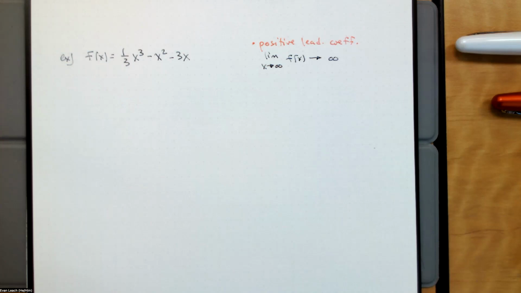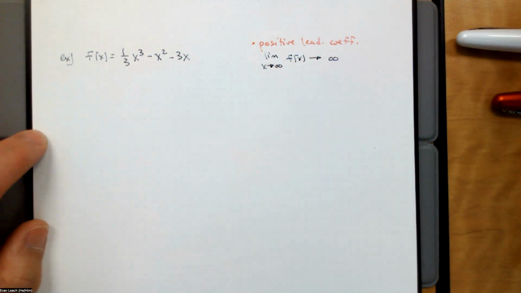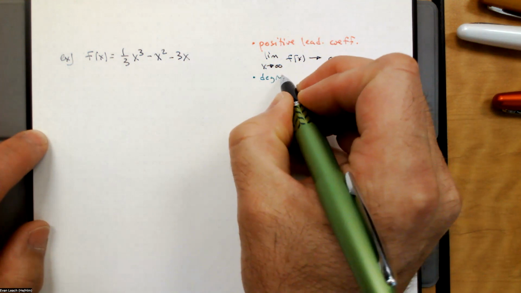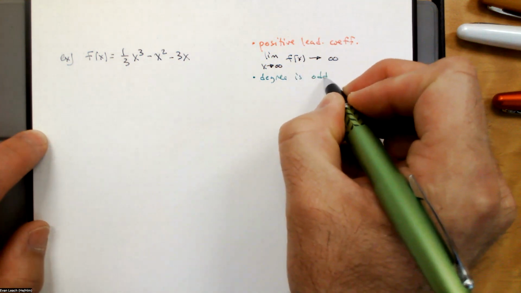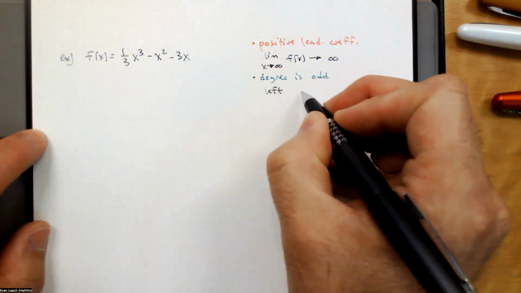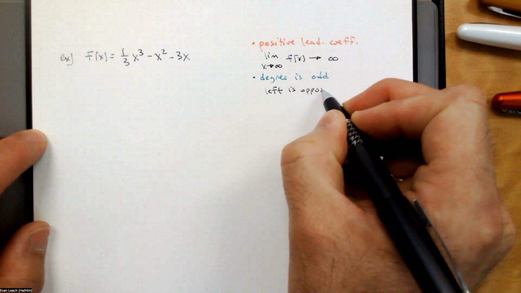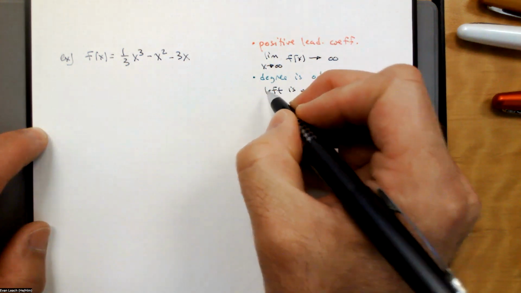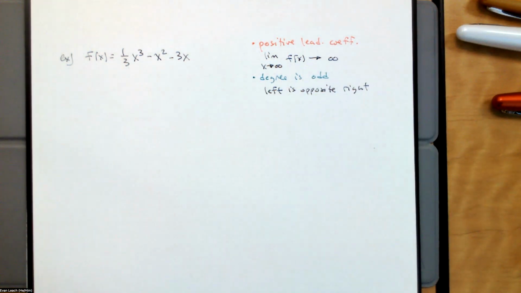We notice that the degree is odd. So whatever the right side is doing, the left side is doing the opposite. Since we have fancy calculus notation, we can phrase this in terms of limits the same way.